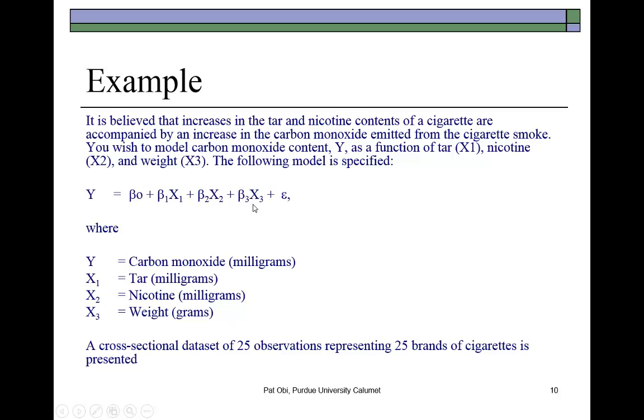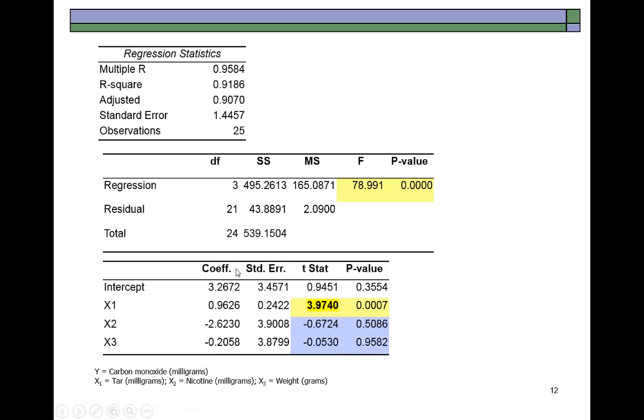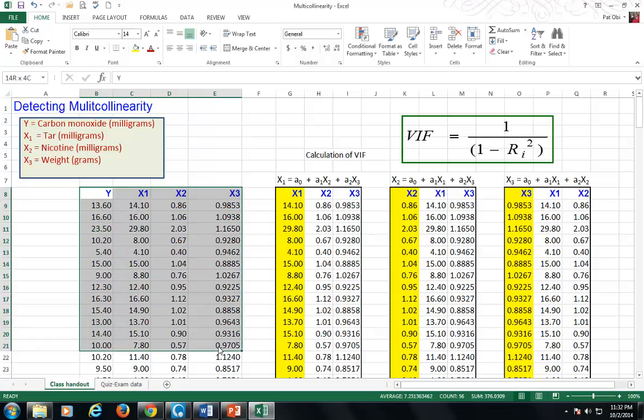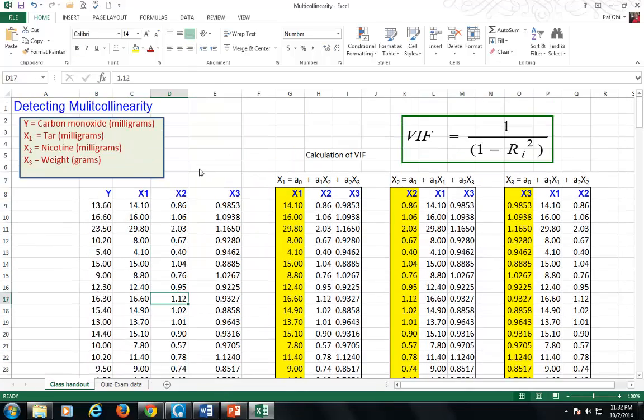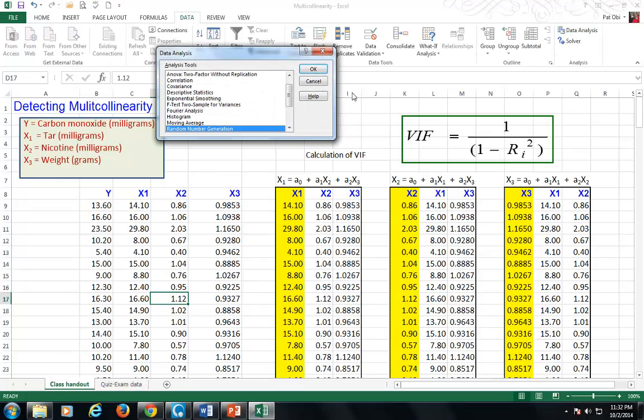Alright, so now here's the data set and here are the results. Don't forget, when you're running this regression, this is the data set that you just saw on PowerPoint. To run your regression, you go to Data, then Data Analysis, and look for Regression right there.